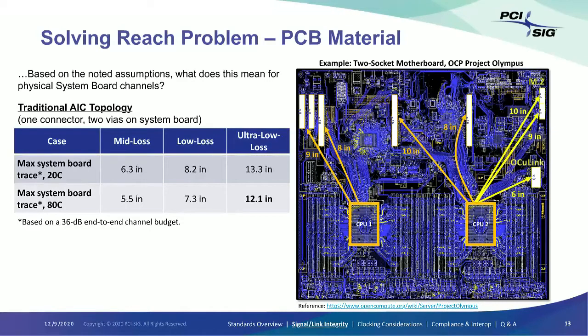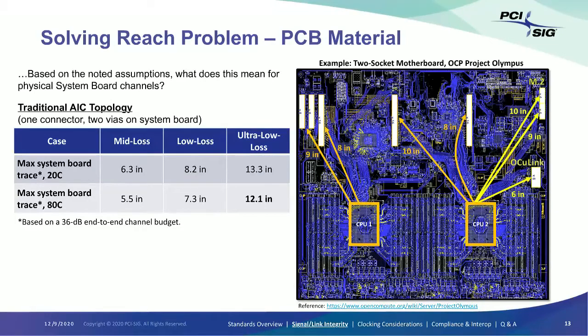Now, keep in mind that a significant portion of the budget is consumed by the root port package as well as the add-in card. So this distance noted here is simply the distance that can be routed on the baseboard assuming those other components are consuming their full budget.